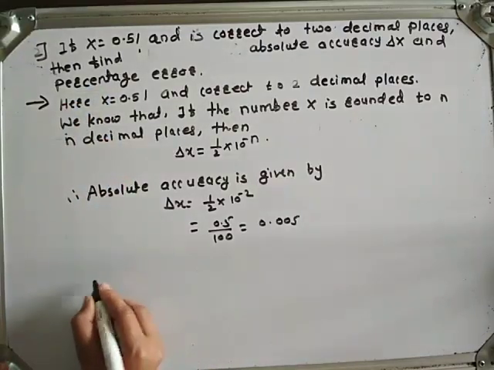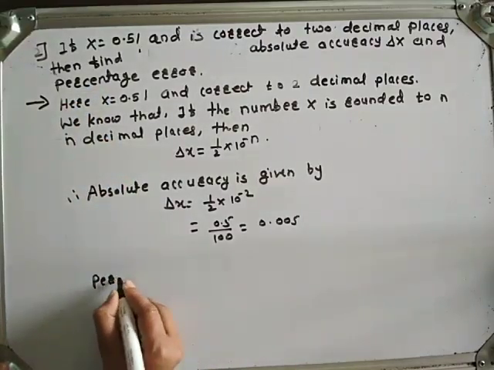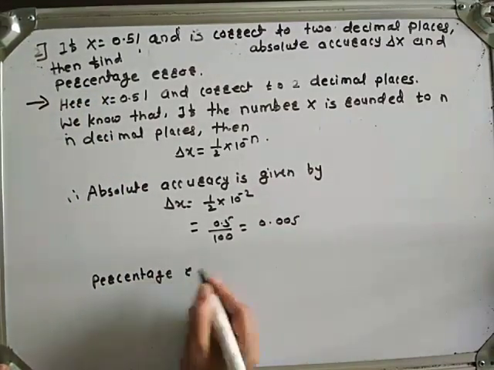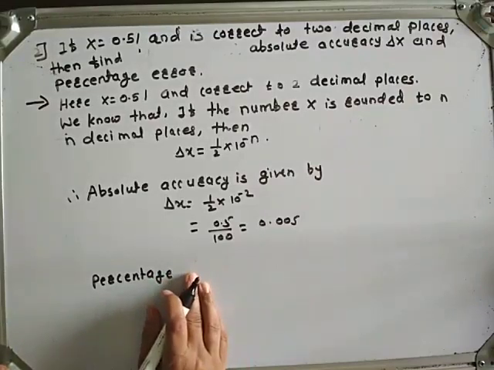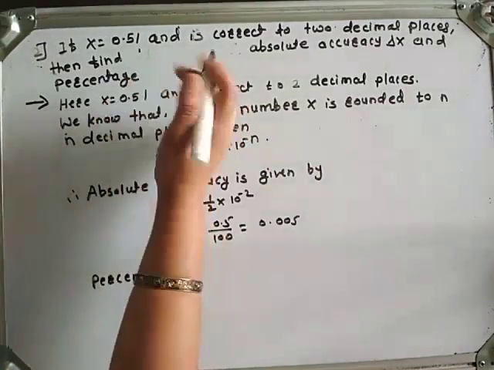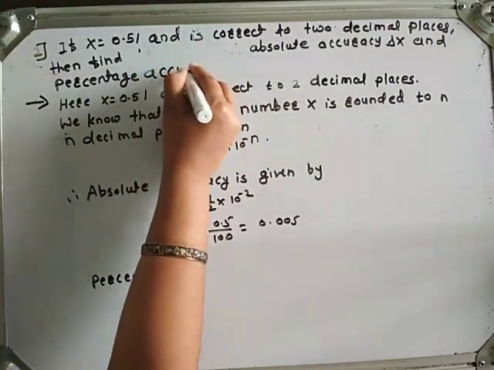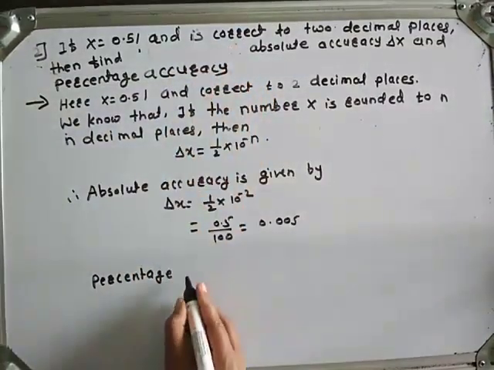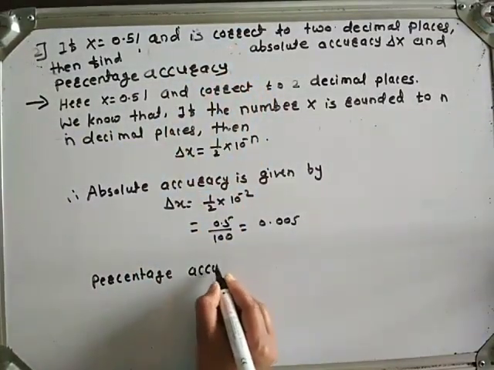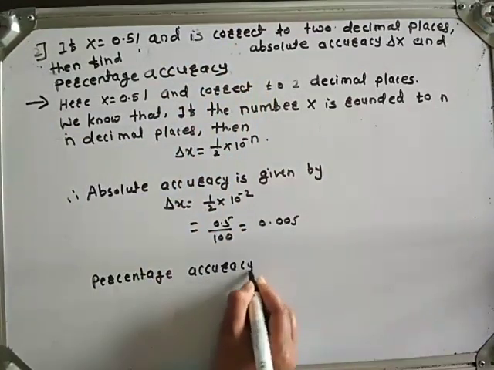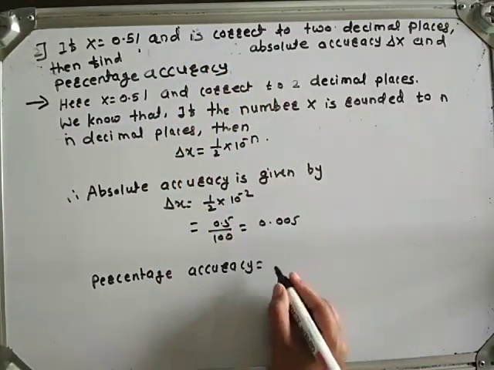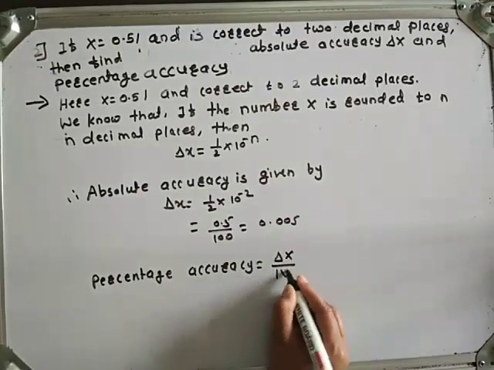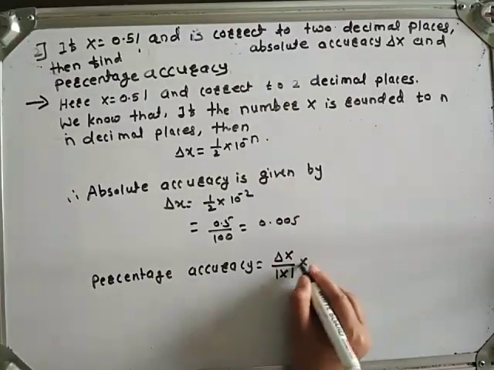Now what we have to find? Percentage error. We know the formula for percentage error. Here we have to find percentage accuracy. Percentage accuracy is equals to delta x upon mod x into 100.